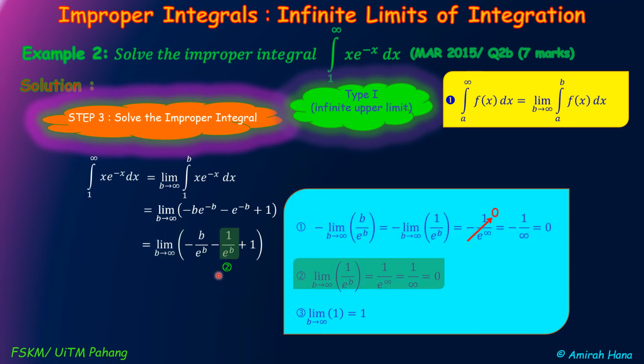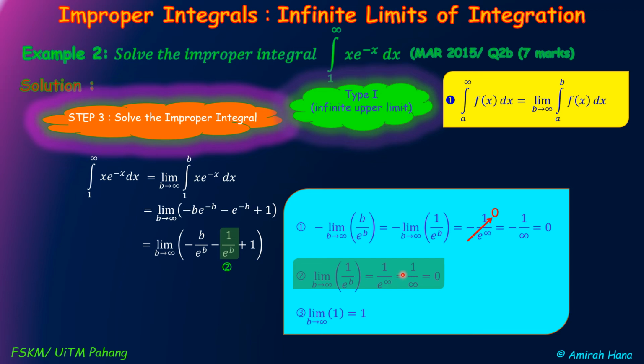Number 2. To evaluate the limit b to infinity of 1 over e to the power of b, we just use direct substitution. When we substitute infinity into b here, we have 1 over e to the power of infinity, which is a determinate form. So we can use direct substitution.